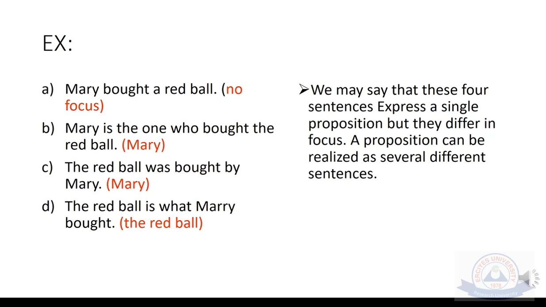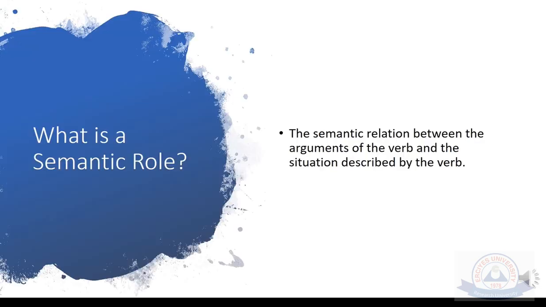A proposition can be realized as several different sentences. It is written here. We can see in sentence B and C, in both of the sentences, Mary is the focus of the sentence. So what is semantic role? Today's real topic actually. The semantic relation between the arguments of the verb and the situation described by the verb. So we will see the features of semantic roles.